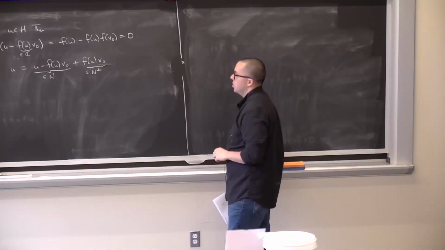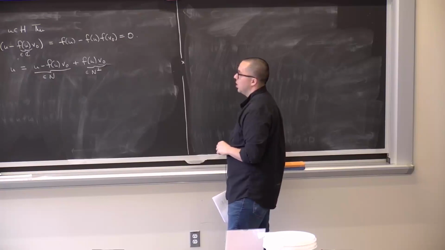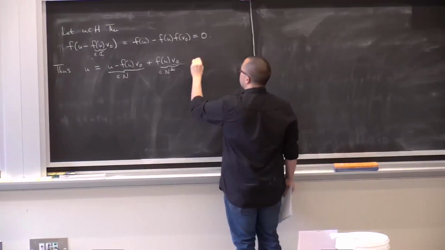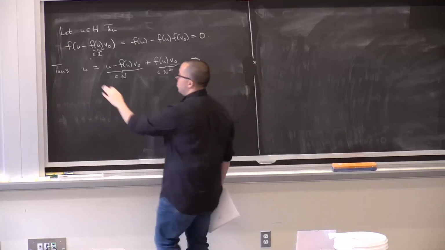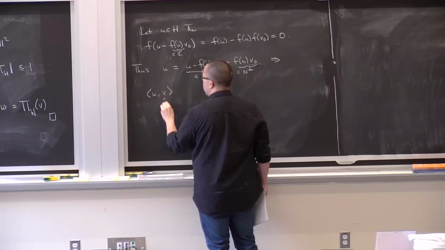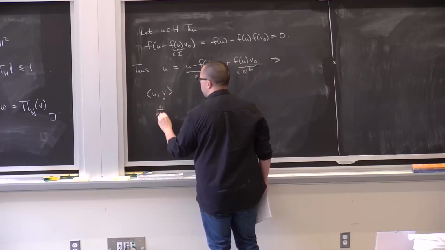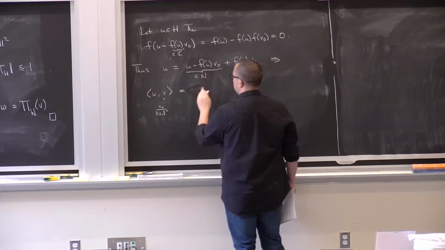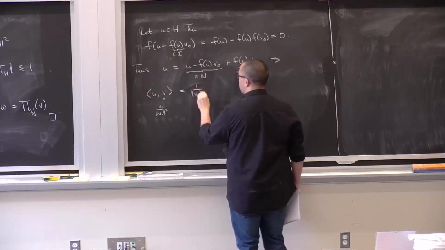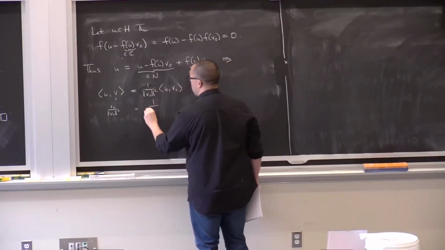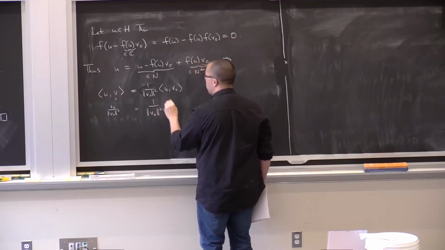Although I'm not going to use that specifically, I'm going to use the fact that V naught inner product with everything from N is 0. And therefore, if I take the inner product of U with V, remember V was V naught over the norm of V naught squared, this is equal to U inner product 1 over norm V naught squared times V naught. This is equal to 1 over norm V naught squared.